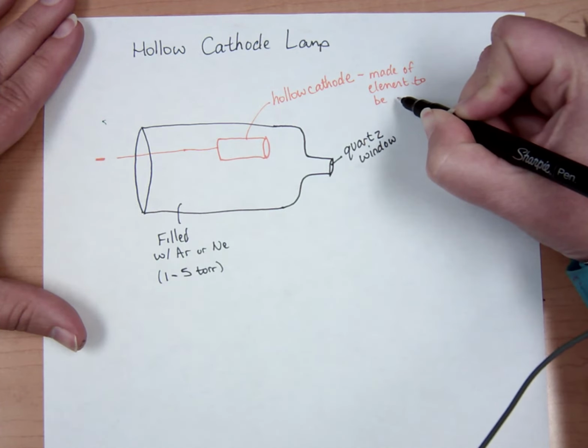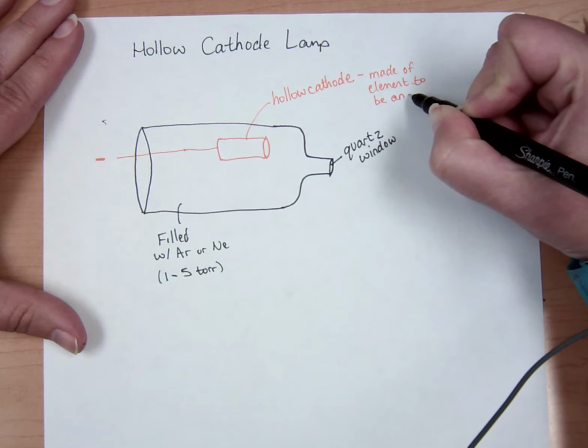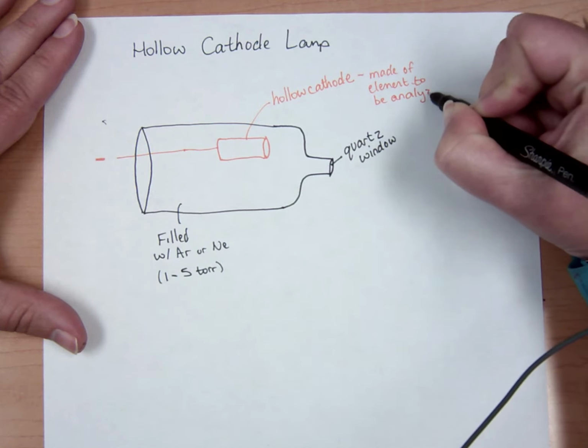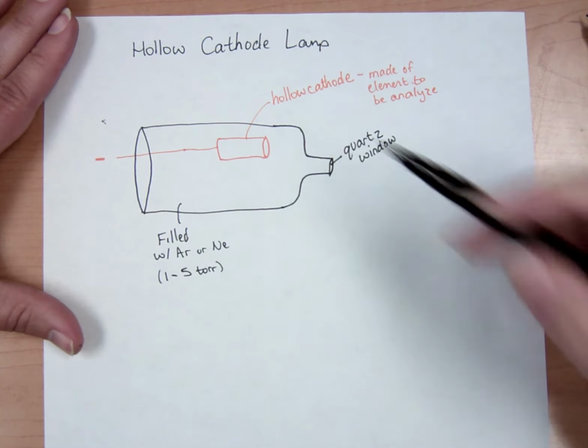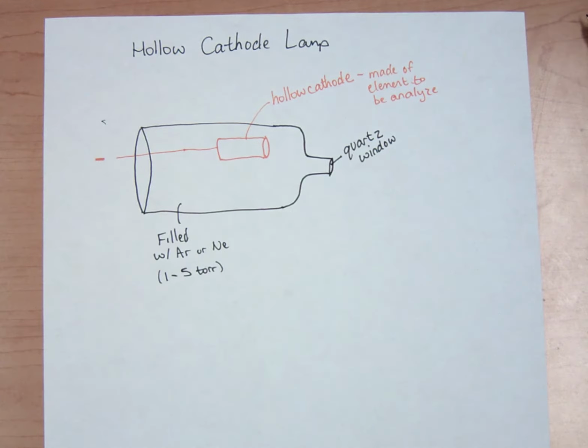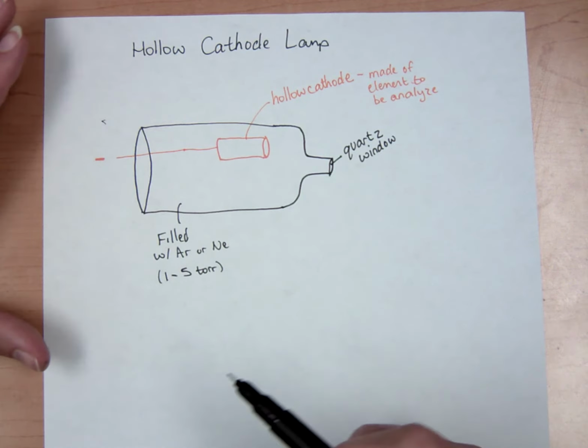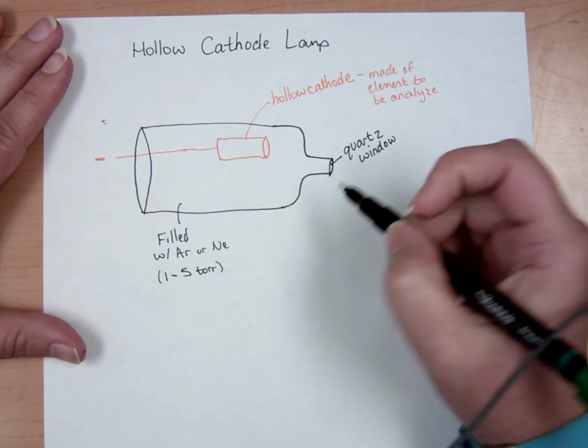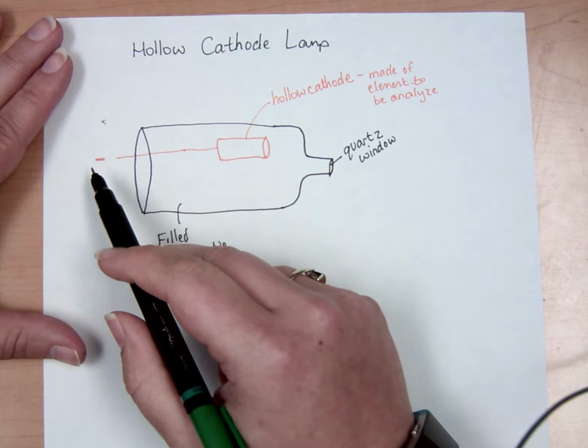So if you're going to do a calcium analysis, you would want your hollow cathode to be made of calcium. If you're doing aluminum, you're going to make it out of aluminum. If you're doing titanium, you're going to make it out of titanium. Okay, so that's our hollow cathode. But anytime you have a cathode, we know that we can't have just half of a circuit.